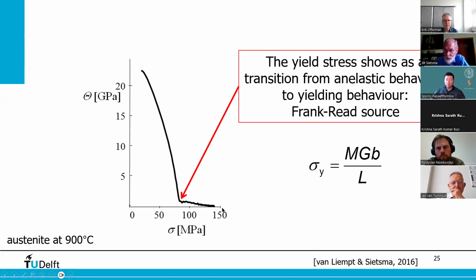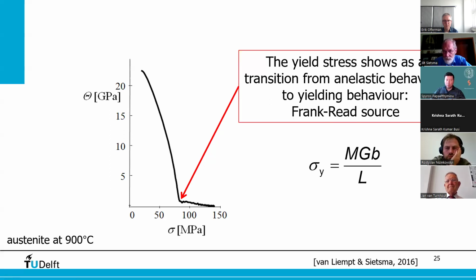So instead of the 0.2% offset, which is the definition of the yield stress normally, here you see a very clear, clearly identifiable point, in which the reversible pre-yield behavior transits to plastic behavior.